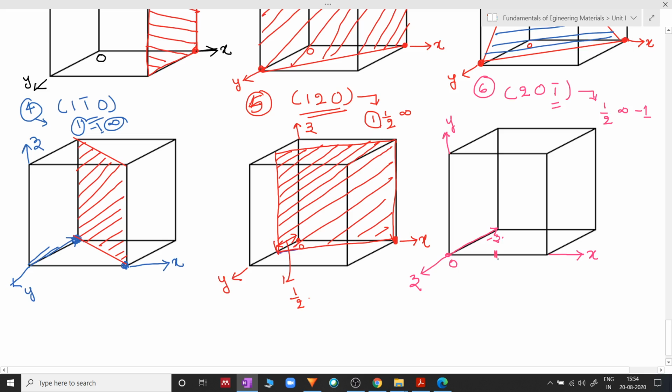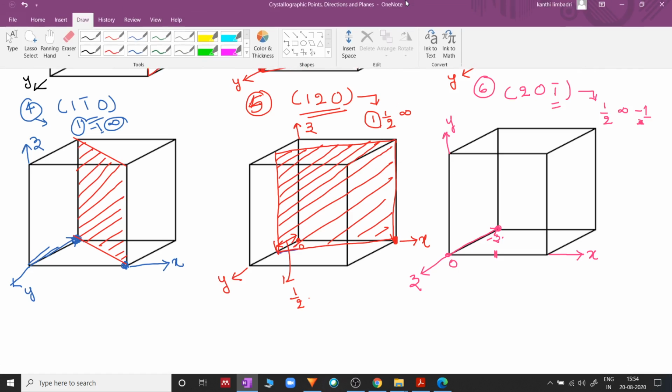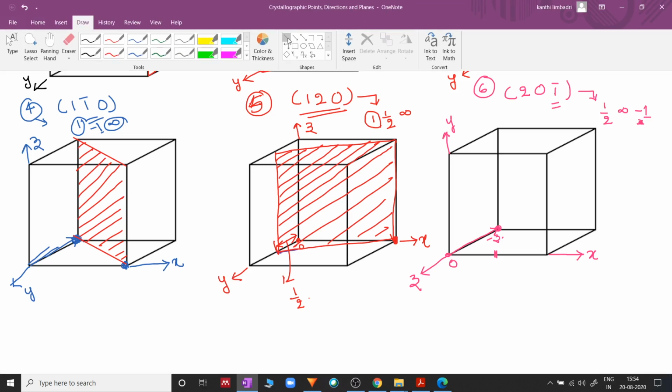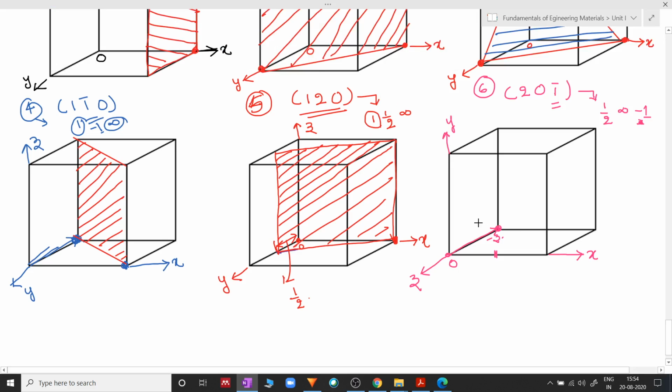And then next, infinite means it is parallel to y-axis. Okay, parallel to y-axis. And in z-axis, 1 unit, negative z-axis. Okay, means here one more point is here. So by joining these 2 points, and drawing parallel to the y-axis, we can draw that plane.